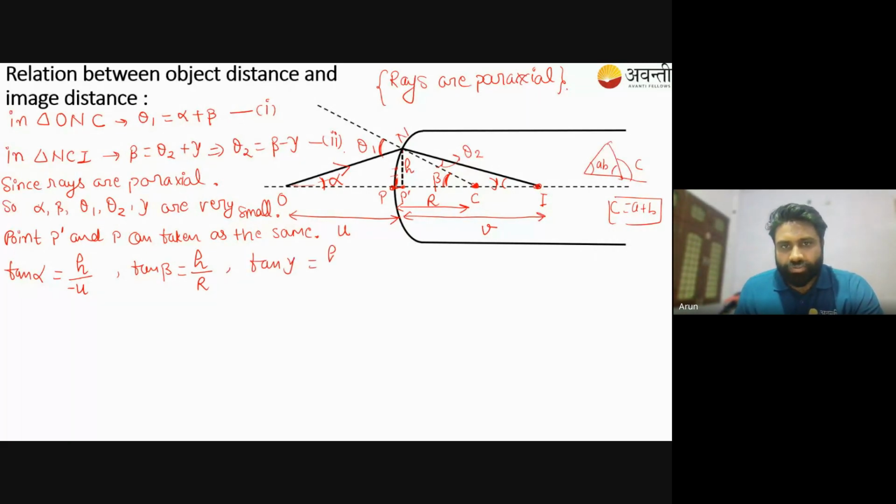In triangle NPI, tan gamma is H over V, the distance of the image from the pole. And V would be considered positive, measured in the direction of the incident ray. So we have these values of tan alpha, tan beta, tan gamma. Got it?